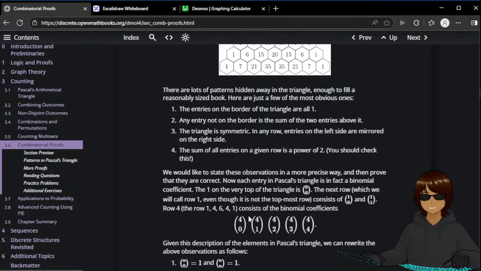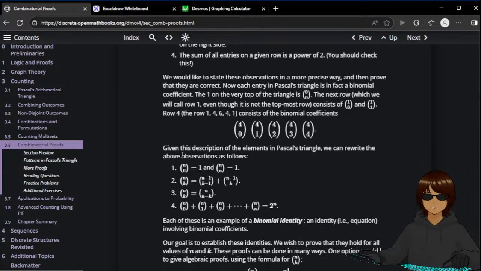We would like to state these observations in a more precise way and then prove that they are correct. Now, each entry in Pascal's triangle is in fact a binomial coefficient. The one on the very top of the triangle is 0 choose 0. The next row, which we will call row 1, even though it is not the very top row, consists of 1 choose 0 and 1 choose 1. Row n consists of all the binomial coefficients.